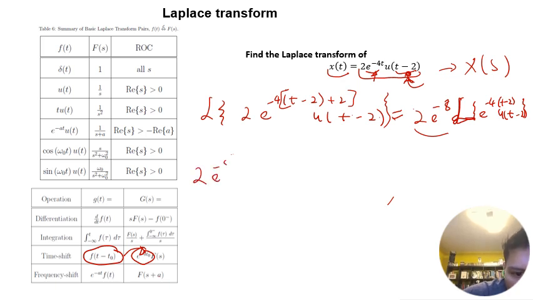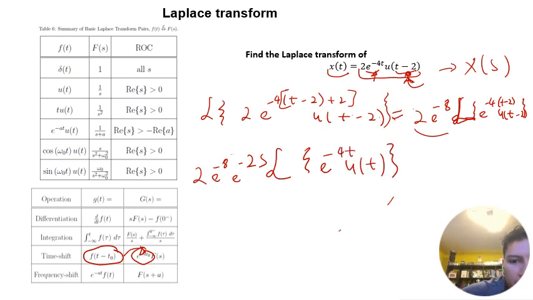2e to the negative 8, e to the negative 2s, the Laplace transform of e to the negative 4t u of t.